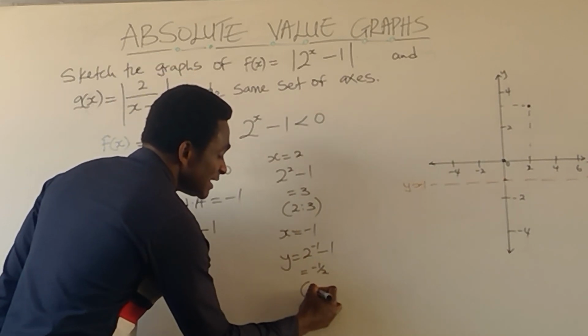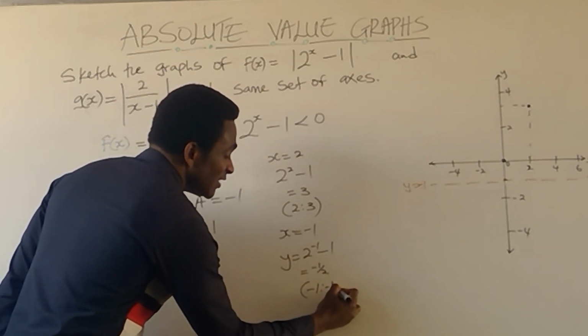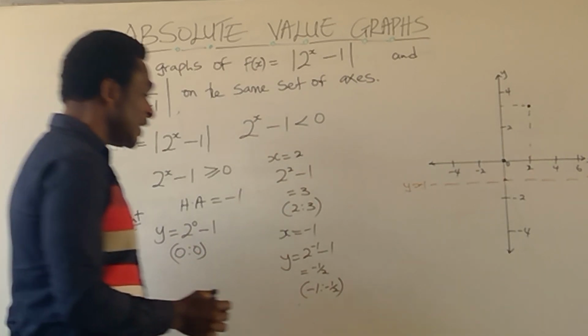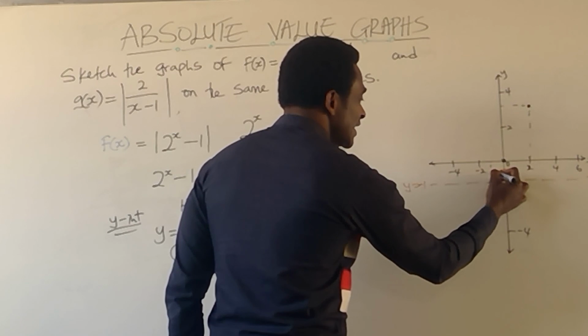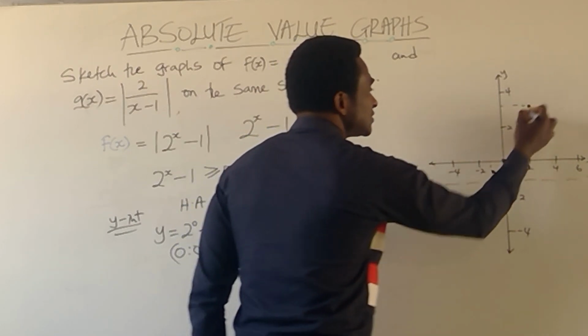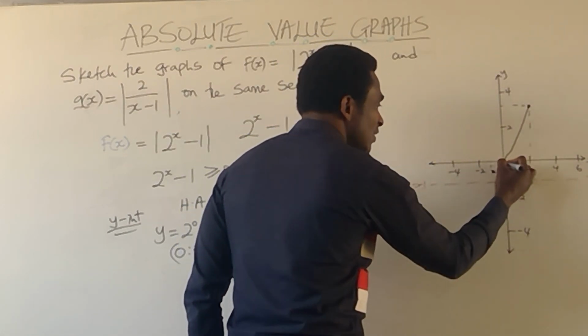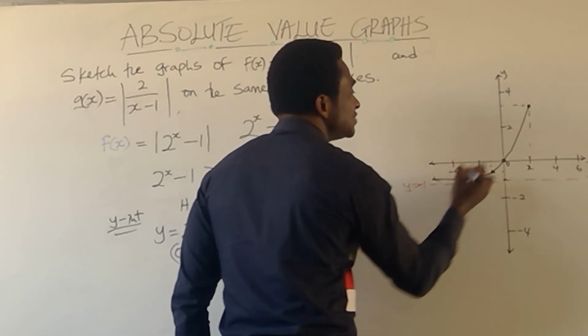So we have the coordinates -1 and -half. So this guides us. I will explain the reason behind this extra point.